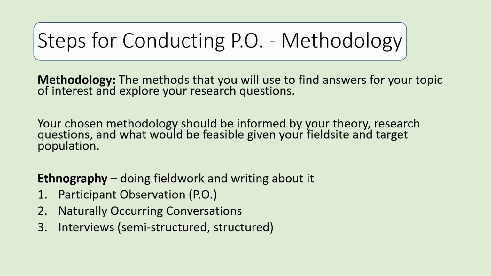Your methodology also should be informed by your theory, research questions, and what would be feasible given your field site and target population. To give an example, during my master's research, when I was formulating where I was going to go, I had proposed doing what's called a multi-sited ethnography. And that basically means I would go to at least 2 different field locations and do a comparison.